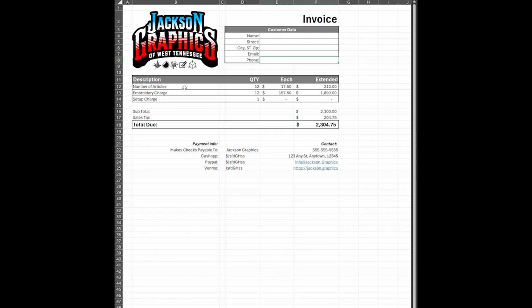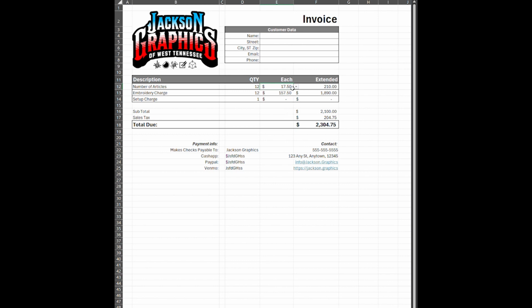And then there is a little table below that kind of describes what is being charged. And in this case, there's a line item for number of articles, and there's a quantity column that says 12, and then it draws from the table the price. Now, what it does is it presents a list here of the 4 different calculations you did.